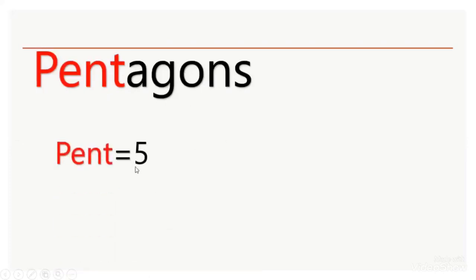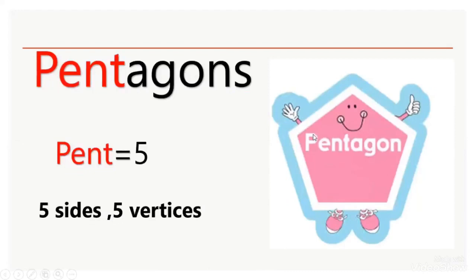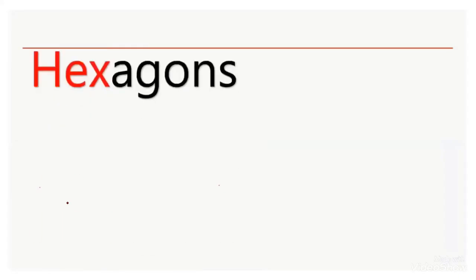The third one is pentagons. Penta comes from the number 5. Five sides, 5 vertices. This shape we call a pentagon. Let us count together. Now we have hexagon.